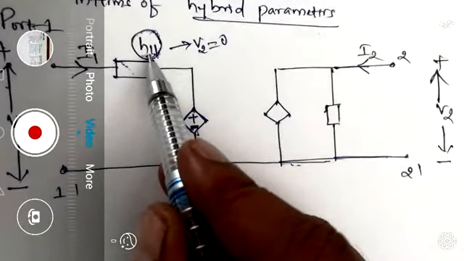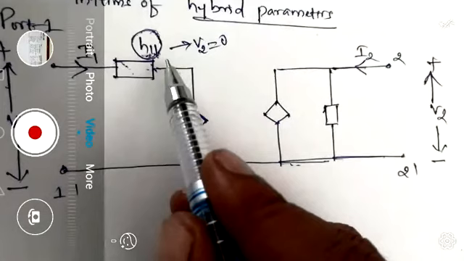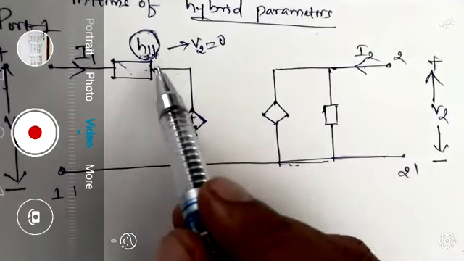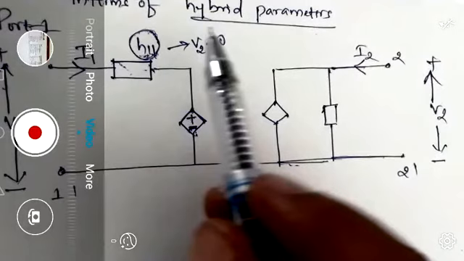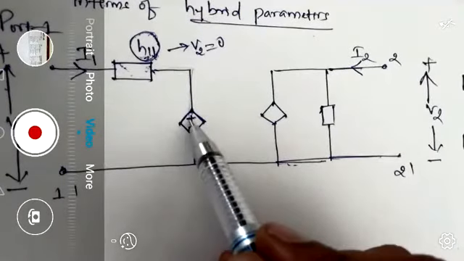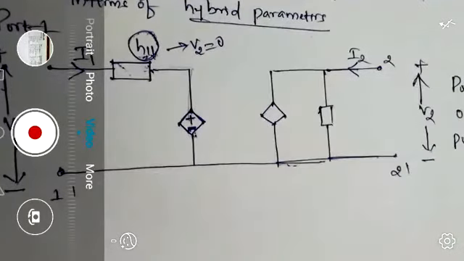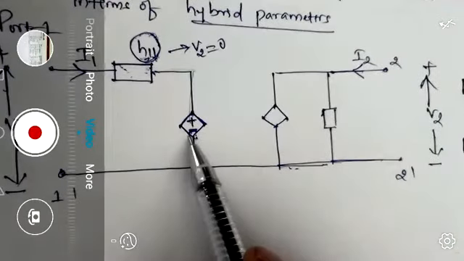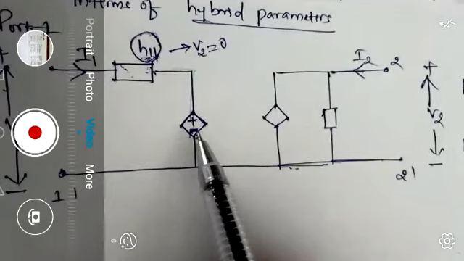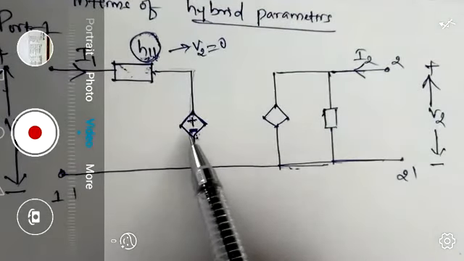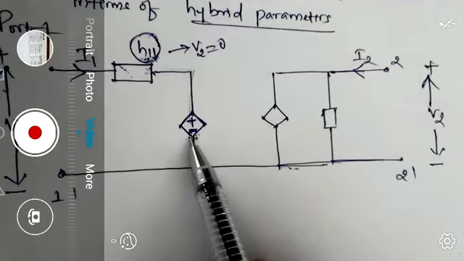Okay, short circuit input impedance. One more point, always impedances are connected in series with voltage source. So this one is a dependent voltage source. But the question is which kind: whether it is a voltage dependent voltage source or current dependent voltage source.